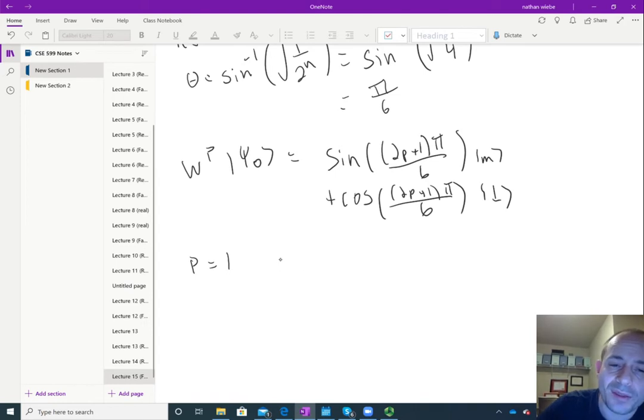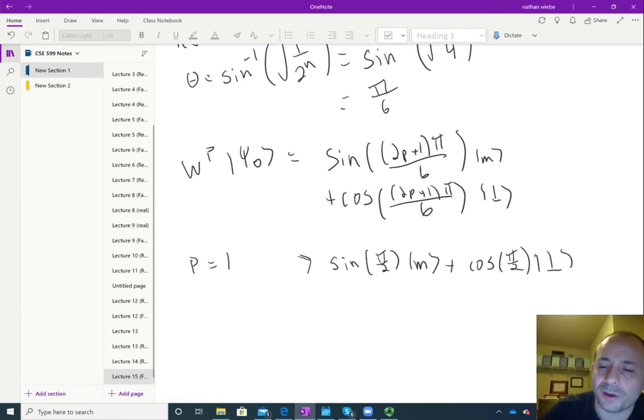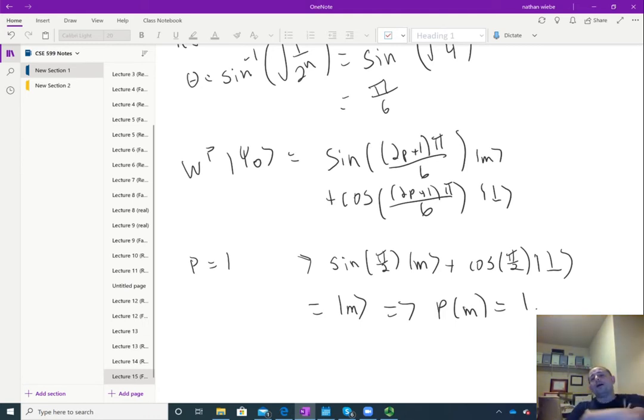If P equals 1, then this ends up going to sine pi by 2 m plus cosine pi by 2 perpendicular, which is just equal to the m vector. And this implies that the probability of measuring m now is equal to 1. So, by taking advantage of the fact that we know what the success probability is for this case, we can compute the value of P such that the success probability is maximized.